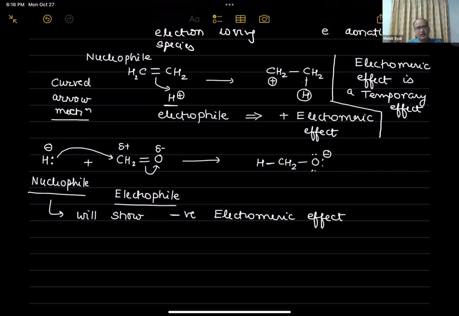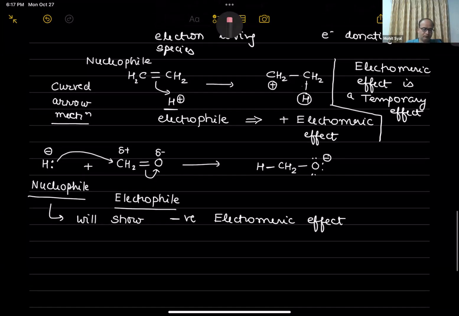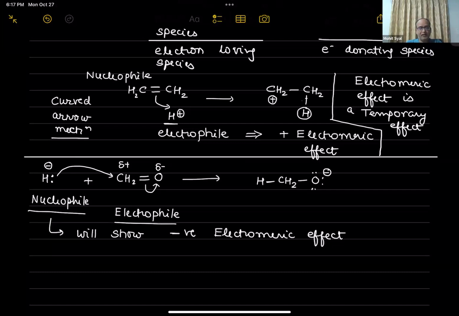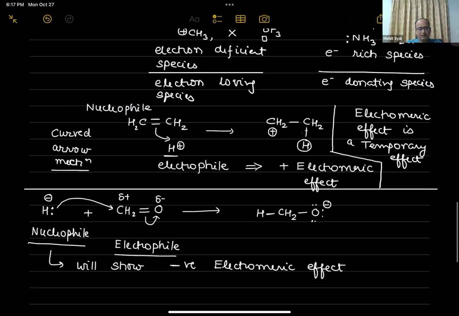This electromeric effect needs to be considered only when you are dealing with two different molecules, okay? Not with one molecule. Got it? Is it clear? So I hope everybody understood. This is very, very important. Any doubts, you can tell me, I will explain it again. Got it?